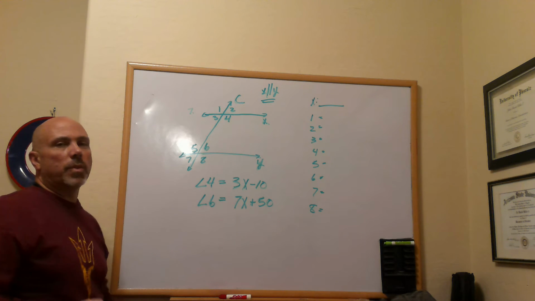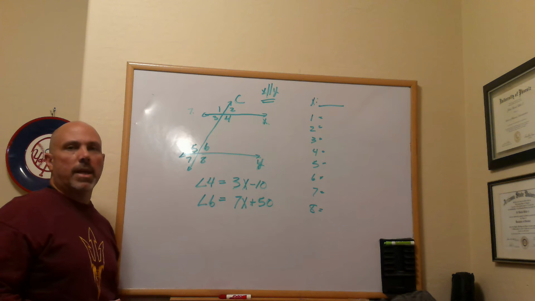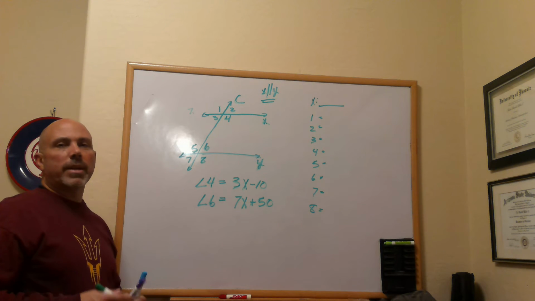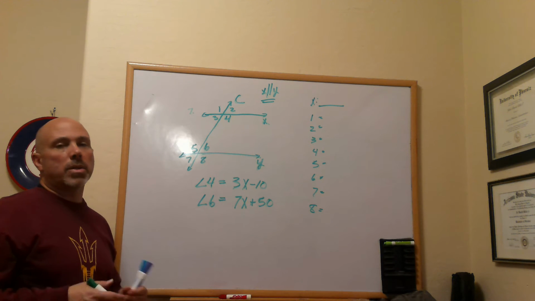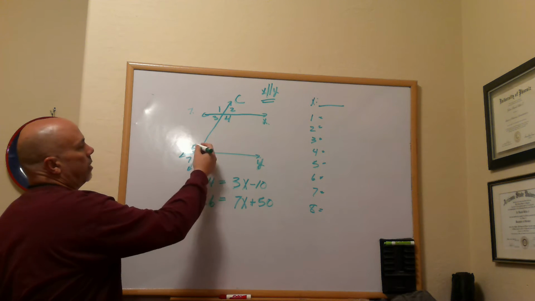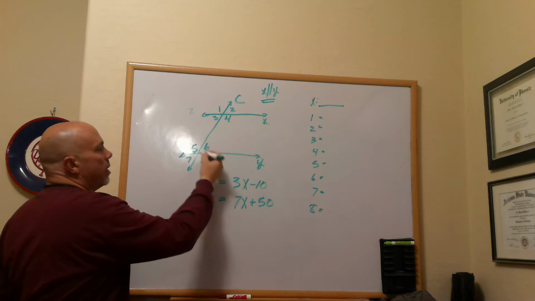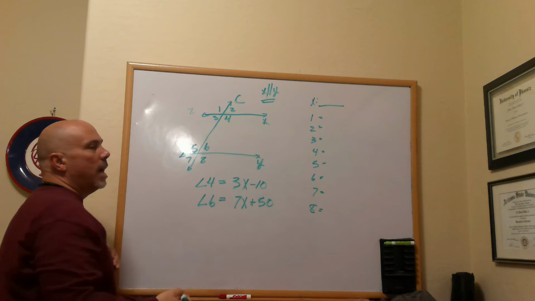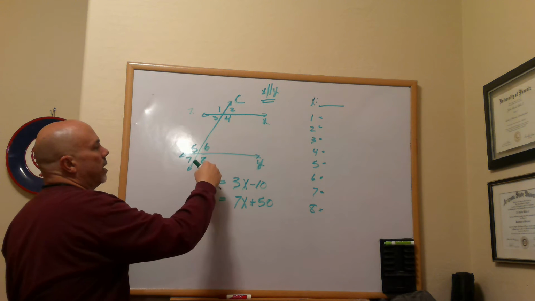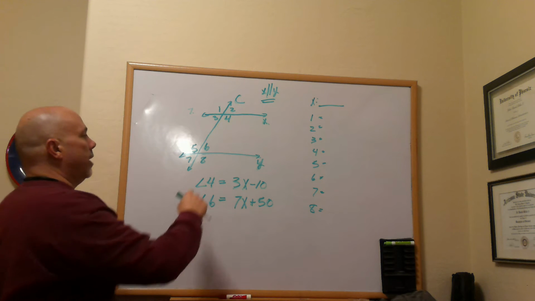The first thing we need to understand, of all the relationships that we talked about in yesterday's video and today in class, is that the relationships between any 2 angles are either going to be congruent or supplementary. If I have vertical angles, as you heard me say in class, vertical angles are congruent. So if I was evaluating 5 versus 8, I would say they're congruent. Whatever the measure of angle 5 is, I would also automatically have the measure of angle 8.